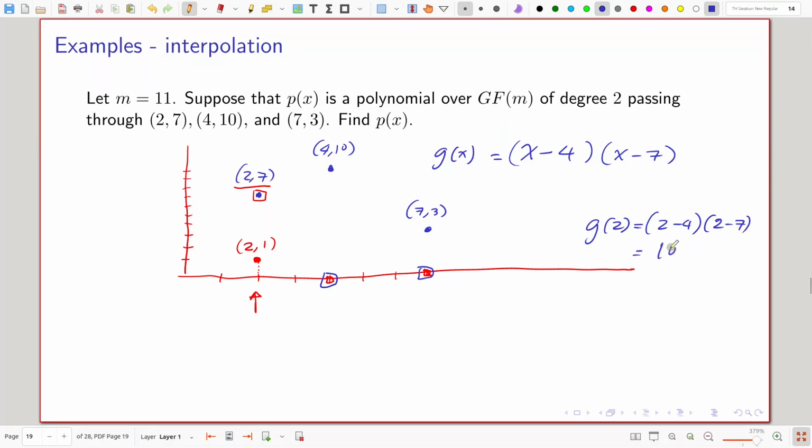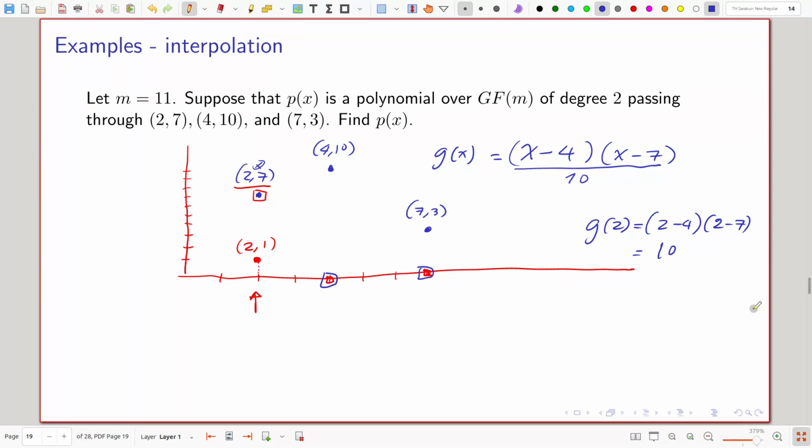So it's 10. Okay? So I know that g at 2 is 10. Right? So how can I change this function so that it's 1 at this point? So right now it's 10. So how can I make it 1? So I can just divide by 10, right?